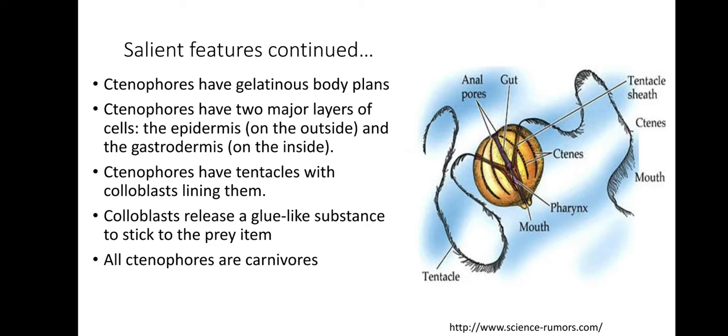Now we are continuing from our previous session where we discussed what ctenophores are and why they are called ctenophora. Ctenophora gets its name because it has ctenes, those teeth like structures, rows of teeth that give them the particular name, isn't it? In addition to that, these also have a gelatinous body plan.